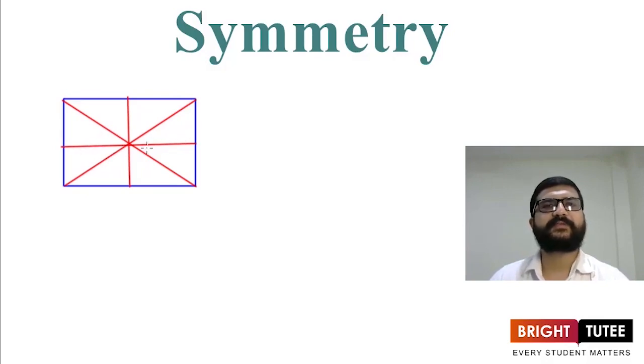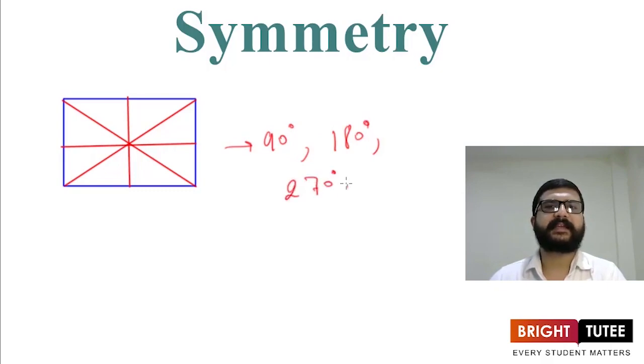Yes, because when we rotate this by 360 degrees, there will be 4 places where we get the same shape again. One is when we rotate it by 90 degrees, then 180 degrees, then 270 degrees and then 360 degrees. When the square is rotated by these angles, we get the same square back again.